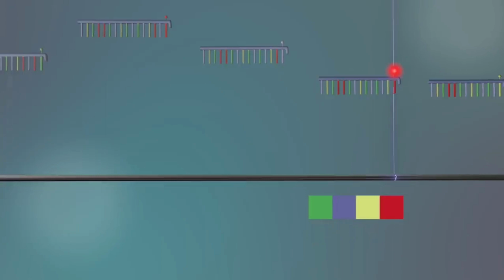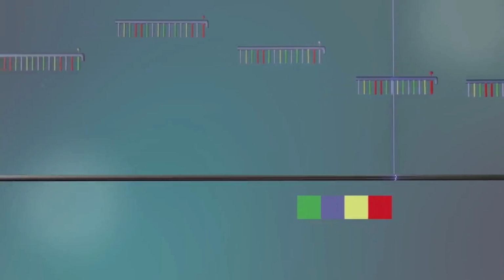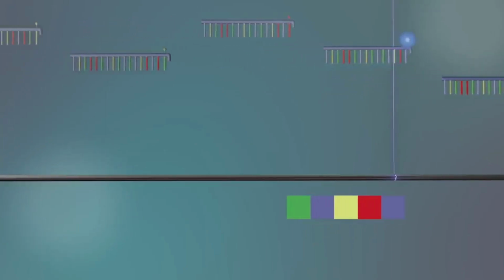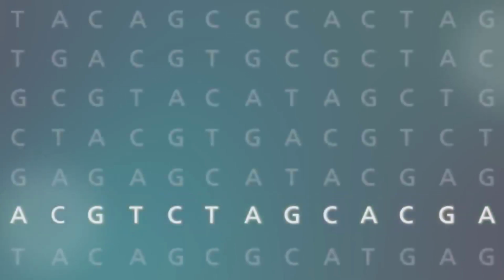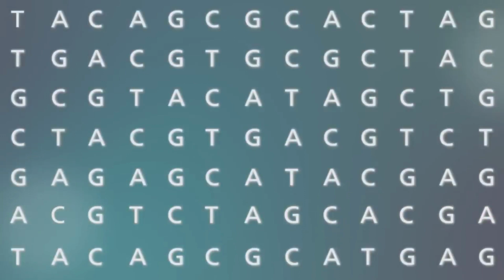The shortest DNA fragments will be read first, and the longest read last. The sequencing machine records the colour of the terminator bases as a series of coloured blocks. Each coloured block represents the labelled terminator base at the end of each fragment of DNA. By converting the colours into letters, we get the sequence of our piece of DNA.